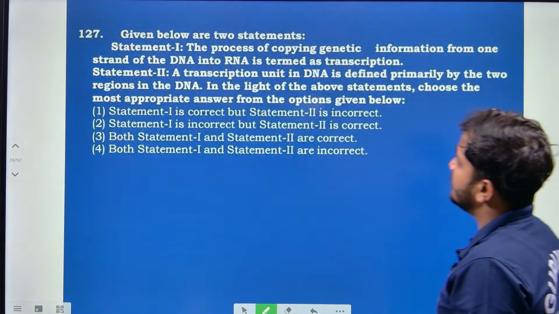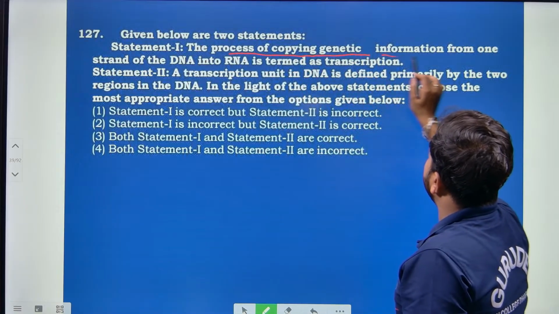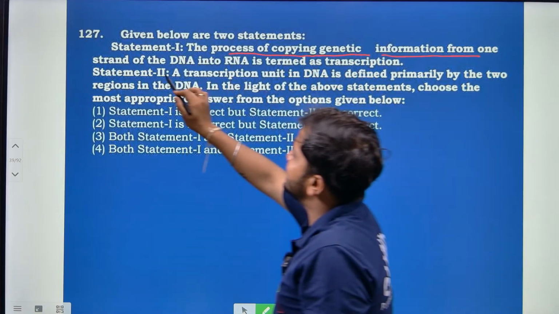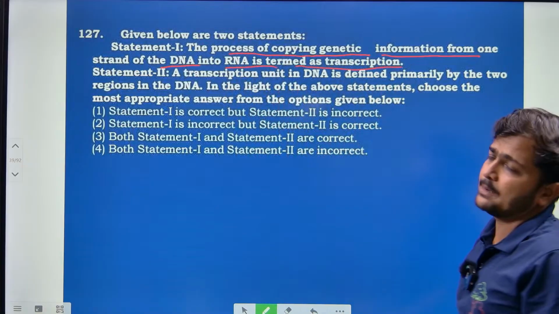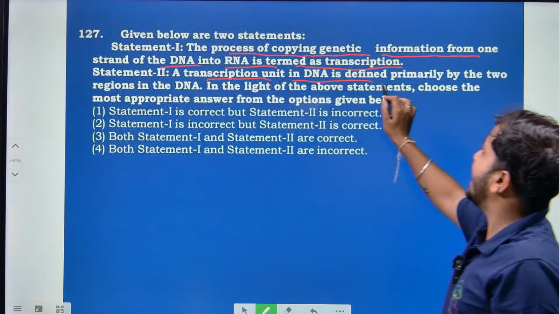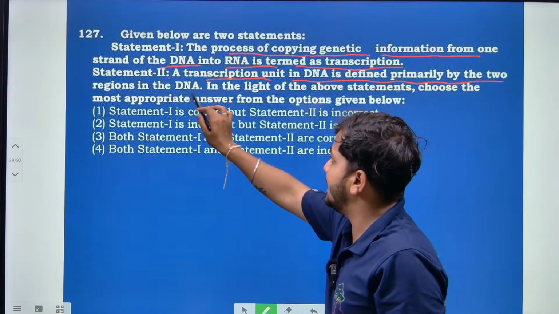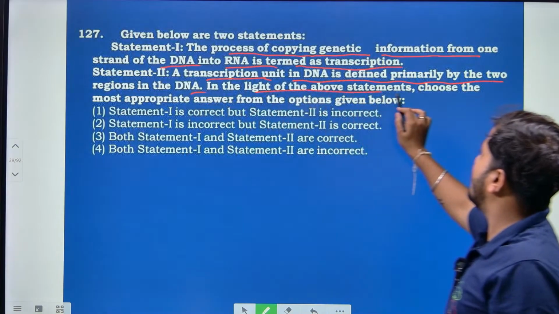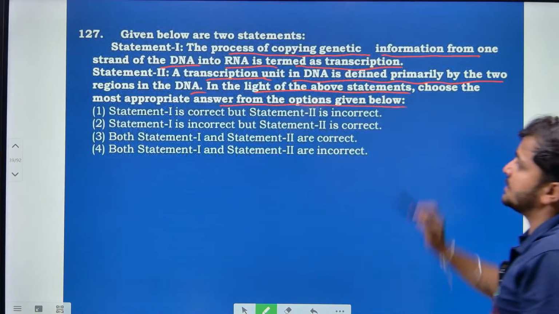Statement 1 is given: the process of copying the genetic information from one strand of the DNA into the RNA is termed transcription. Statement 2: a transcription unit in DNA is defined primarily by two regions in the DNA. In the light of the above statements, choose the most appropriate answer from the options given below.